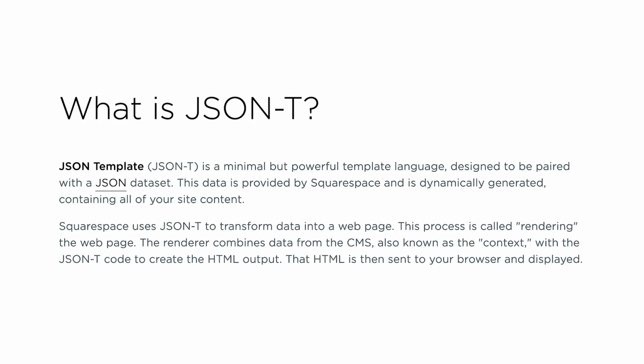So in this video, I'm going to show you the JSON T language, which is actually really simple once you understand how it works. As mentioned, JSON Template, otherwise known as JSON T for short, is the template language of Squarespace templates, and it's designed to be paired with a JSON dataset.